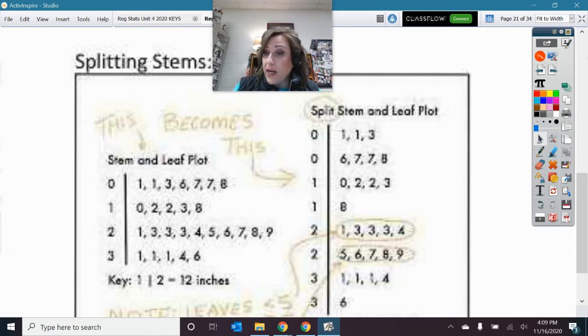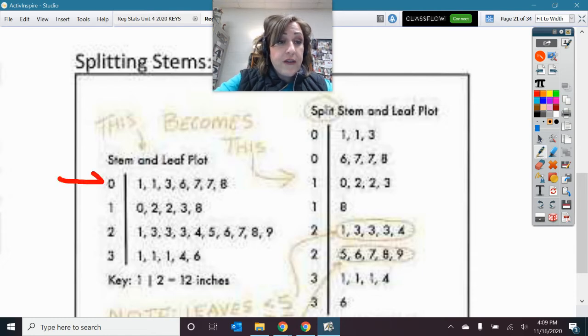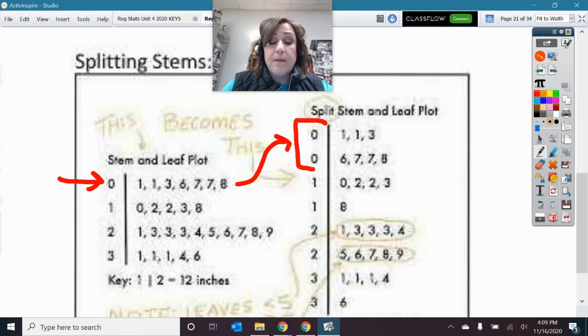So look at what happened. You can see over here on the left, here are the 0, 1s. So these are the values that are in the zeros place, so they have no 10s. So that's just the 1, 1, 3, 6, 7, 7, and 8. Well, look at how those became over here: 1, 1, 3 in the first half of the stem, and 6, 7, 7, 8.